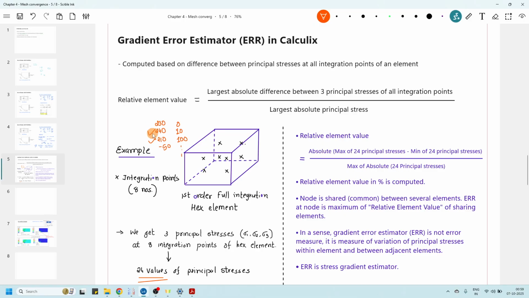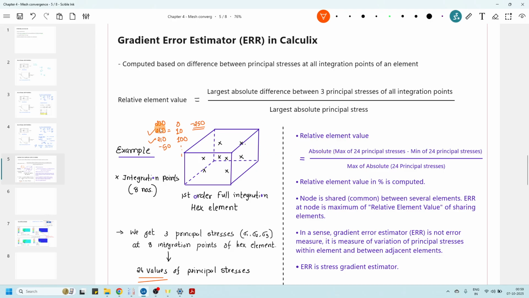So in this case, absolute maximum is 240. It could be negative as well. If for example we have minus 250, then denominator will be 250, because we need to consider absolute value of all the values.